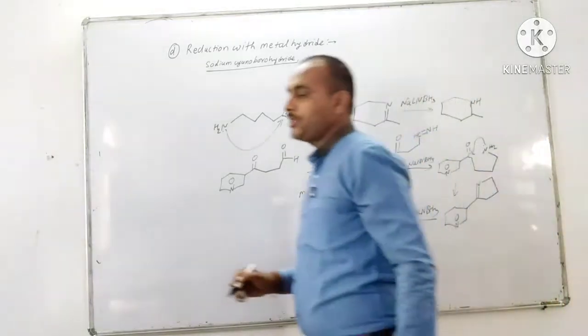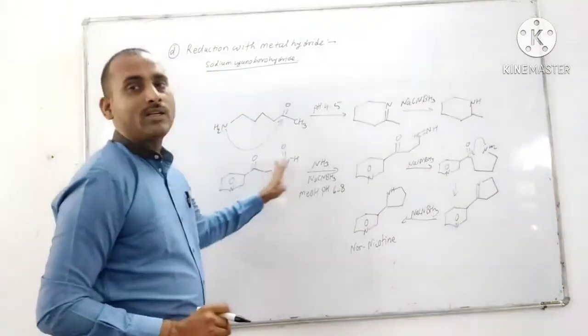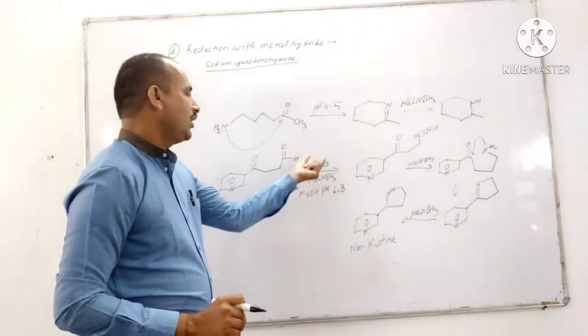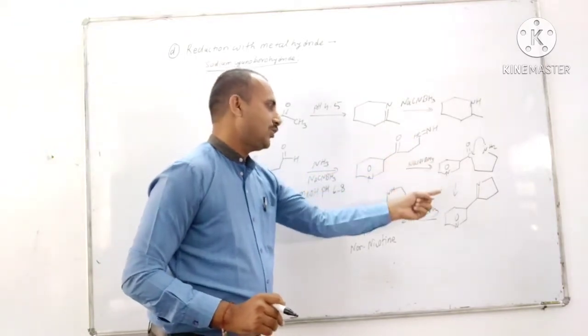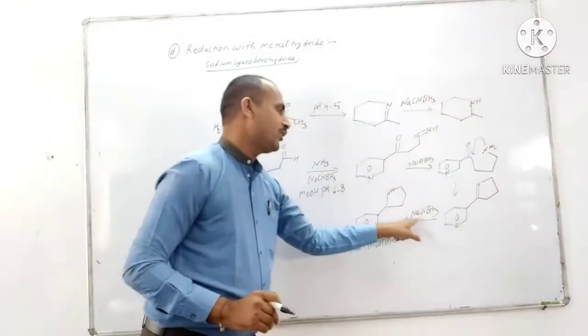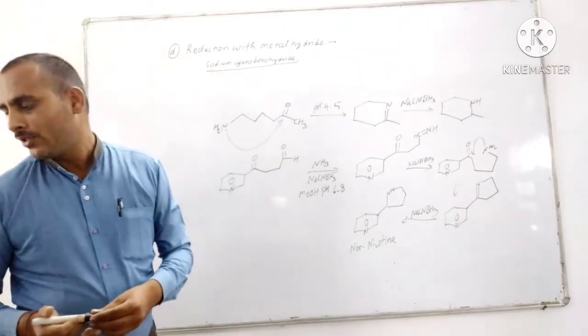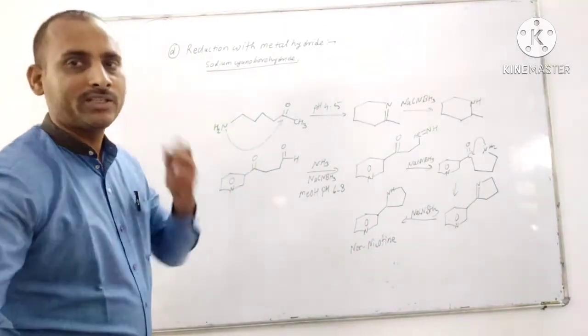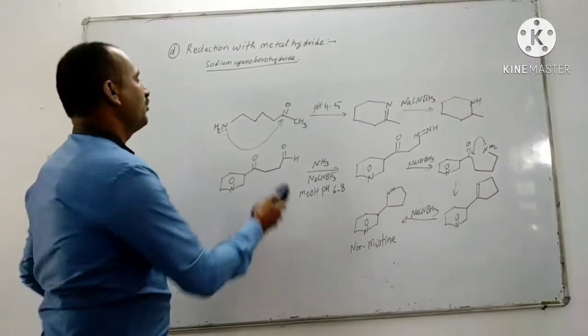Nornicotine formation takes place from this dicarbonyl compound: imine formation, imine gets reduced to amine, then again cyclization to form imine, again reduced to form the cyclic amine, and this compound is called nornicotine.